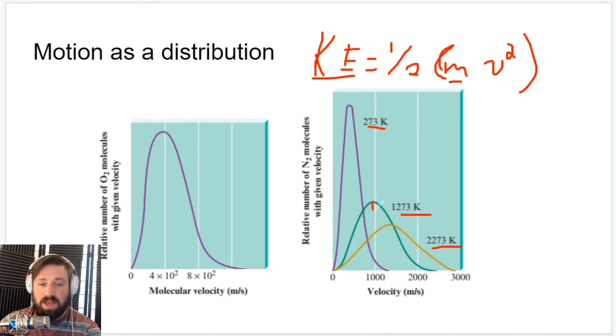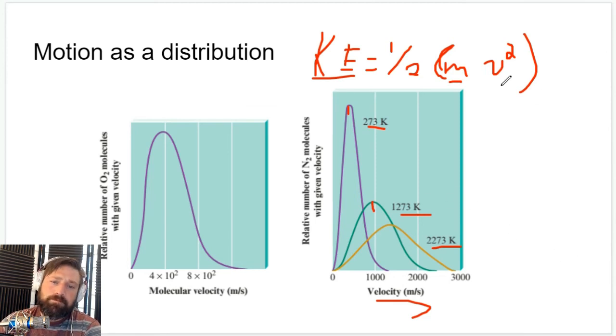So that means that this average velocity is shifting up. It's increasing. Now, the area under this, the number of particles, is not changing. So that means that if I am shifting up the average, this distribution is going to have to get a little bit shorter, and the peak of this distribution is going to move up.